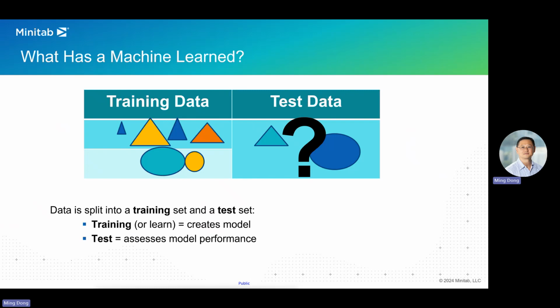For example, 70% we use for training data, 30% we use for testing data. With training data, the purpose is to create a model, which creates an algorithm result. But the testing data we use to assess the model. If the model is good or bad, you try the test data set.